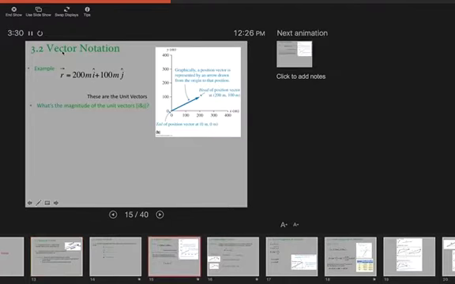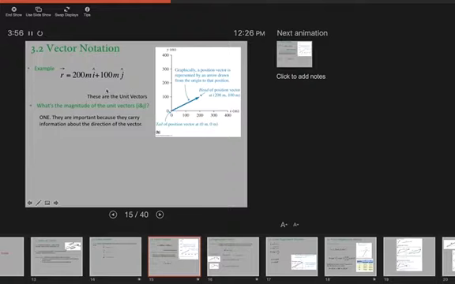So let me give you an example. This is a vector right there. R vector is equal to 100i plus 100j. These m's are meters. So R is a vector which is telling you about the distances and the locations of your vector right there.